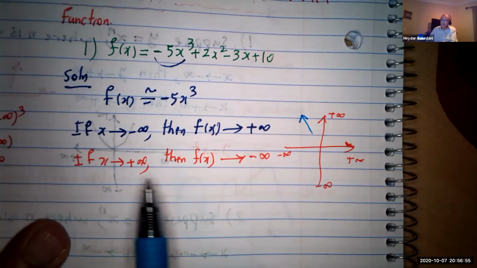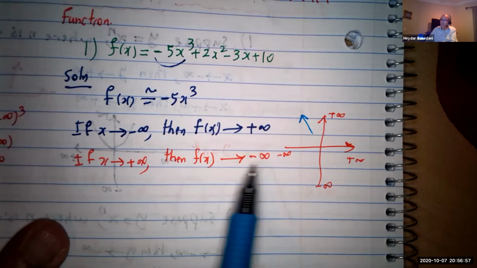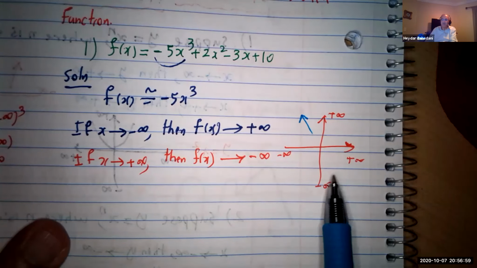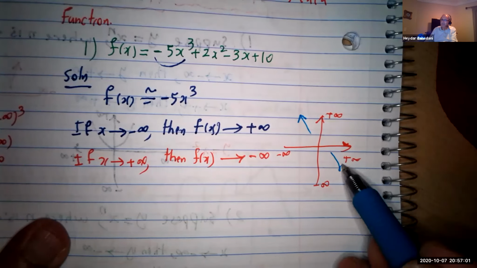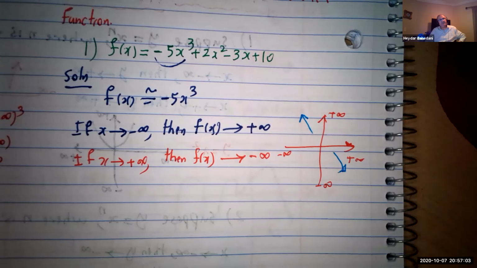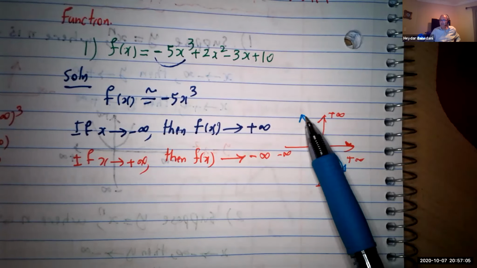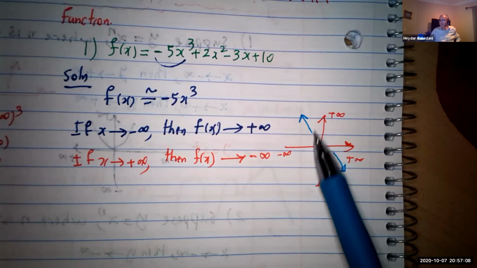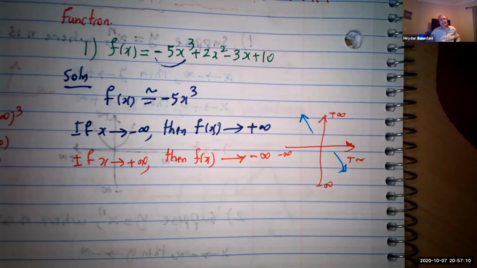What would happen at the end? Positive, negative. So at the end, it's going down. So when you graph it, you start from here, you may do lots of things, but you end up here. So that's the end behavior of the function. Very nice, very useful. Any question?